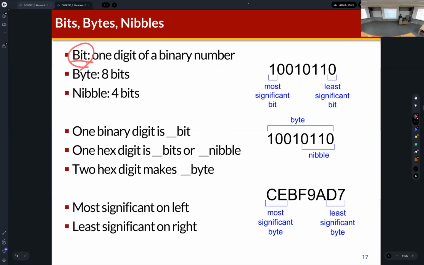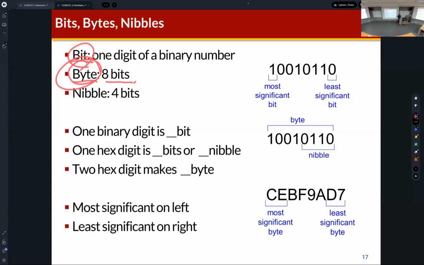So also, byte means 8 bits. Okay, and I believe you will frequently use the size of a byte, because this is the basic unit that is used for representing the size of data in a computer system.